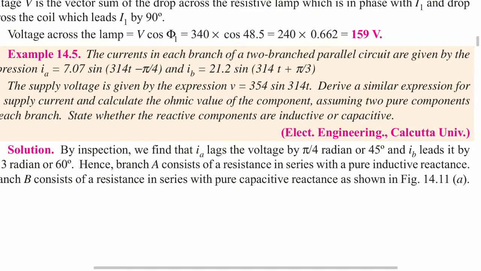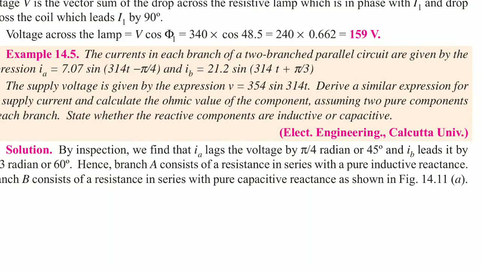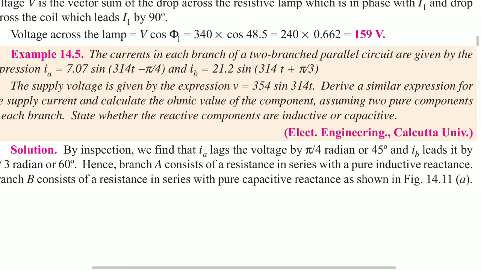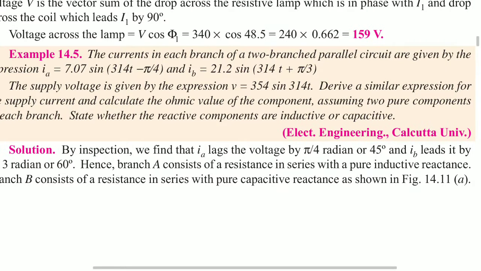Directly, here minus pi by 4, that means 45 degrees, is the angle of current I_A, and branch B current angle is pi by 3, 60 degrees. By observing these two, we can say directly that pi by 3, which is 60 degrees, is more than minus 45 degrees.